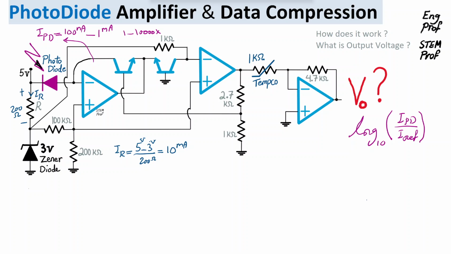So 10 milliamp current is coming downward through IR. Now, what else do we see? The Zener diode is properly biased with that amount of current going in a reverse bias fashion. So 3 volt is established.